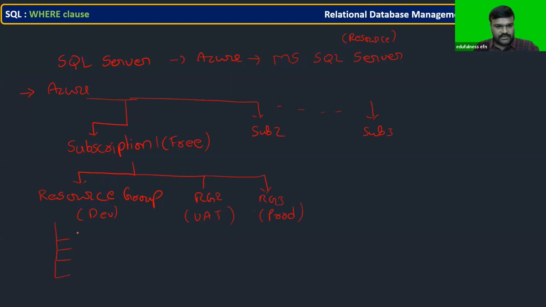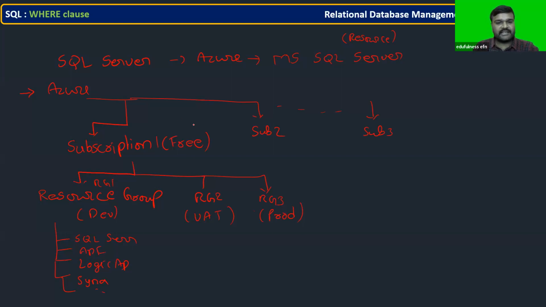For example, SQL Server goes under this group, RG1, like a dev group. Then we need ADF Data Factory, which we group here too. Another could be Logic App, Synapse Analytics, Databricks, Blob Storage, Data Lake, or Key Vault. Don't worry about all these names; we will get familiar, these are the initial days. Understand the concept, that is very important.